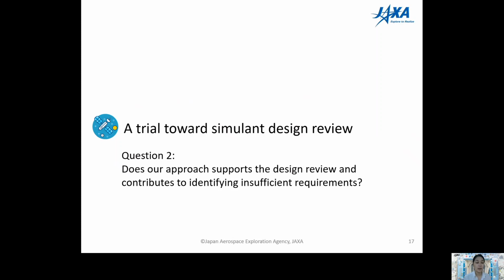After we trained our proposed model, we conducted a trial towards a simulated design review. This corresponds to question number 2: does our approach support the design review and contribute to identifying insufficient requirements?